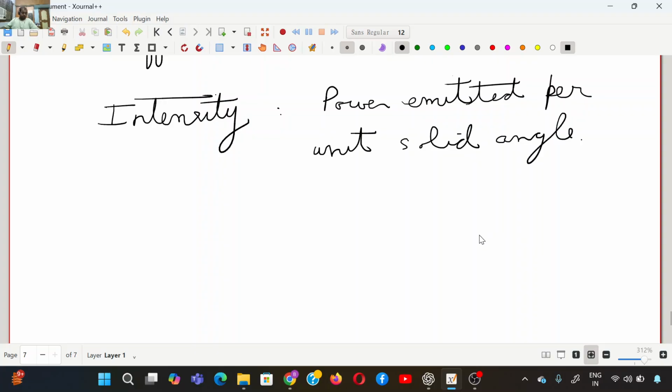So if you look at a laser and compare it to a torch, the laser's angle of emittance is much less than the torch's, right? So the laser is higher in intensity, even though both may use the same amount of power, but the laser is much more intense than a torch. So that's what intensity is.